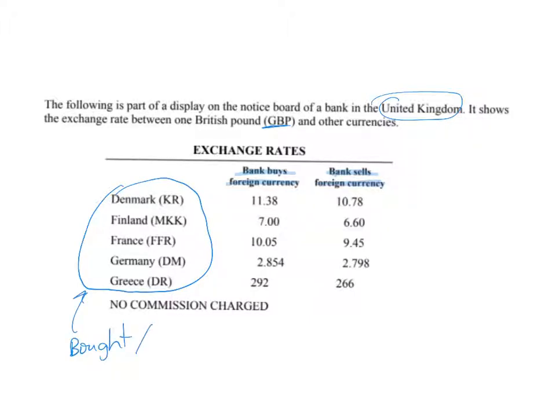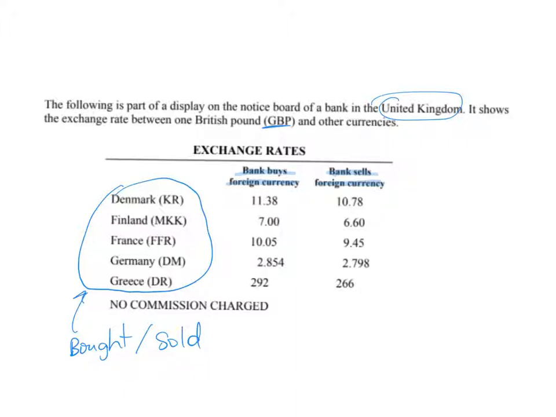Both bought and sold. So if the person goes to the bank and wants foreign currency, the bank is going to sell the foreign currency. I'll repeat, if the person goes to the bank and wants foreign currency, the bank is going to sell foreign currency. But if they go to the bank with foreign currency, the bank is going to buy their foreign currency.